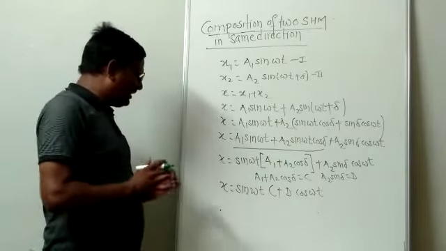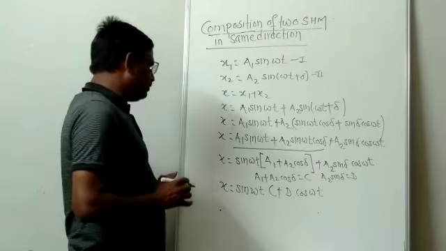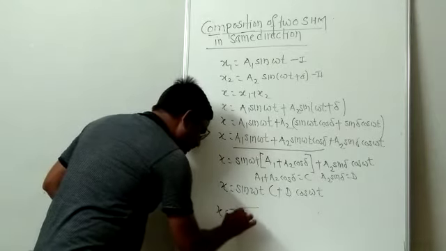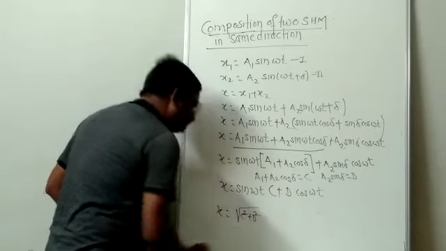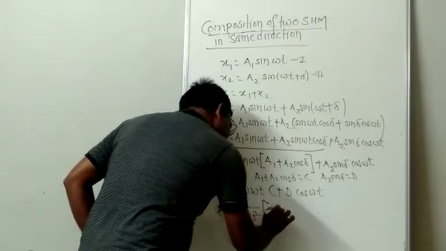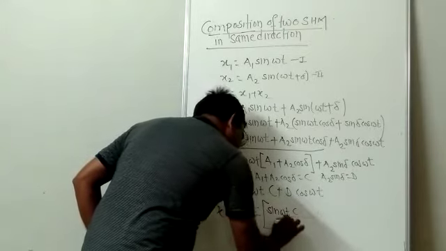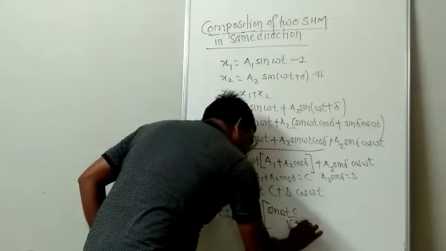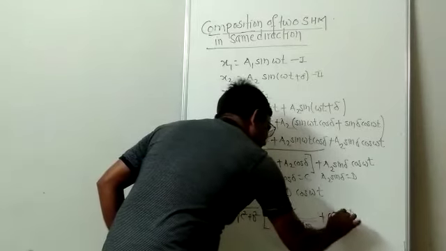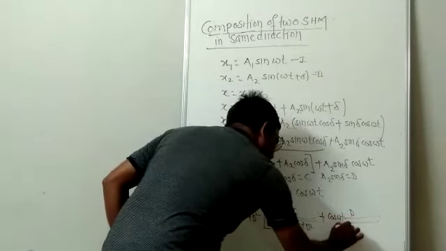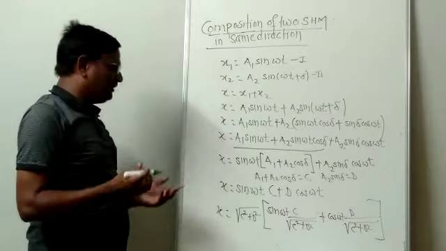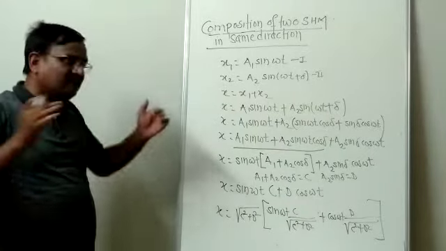I am going to do some arrangement. What arrangement? See, look at both. X is equal to under root C square plus D square in bracket, sin omega t C divided by under root C square plus D square plus cos omega t D upon under root C square plus D square, bracket close. This is the new arrangement.